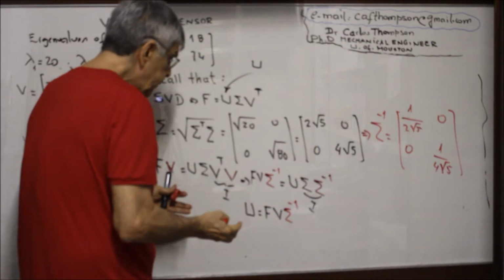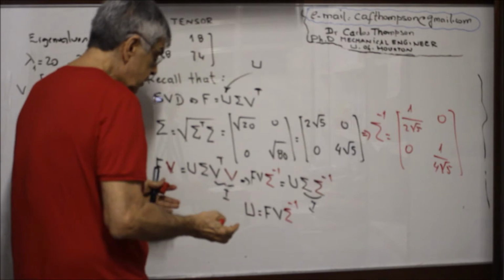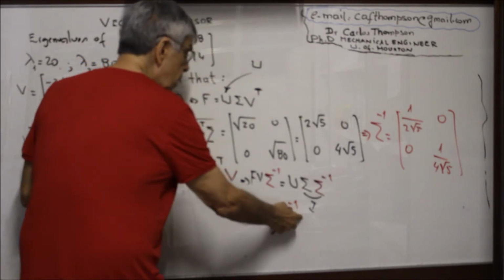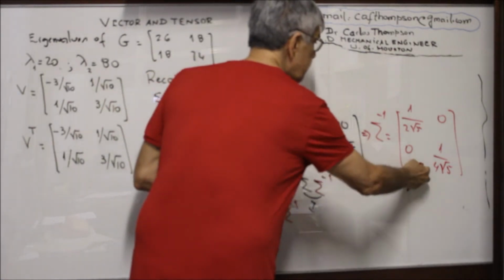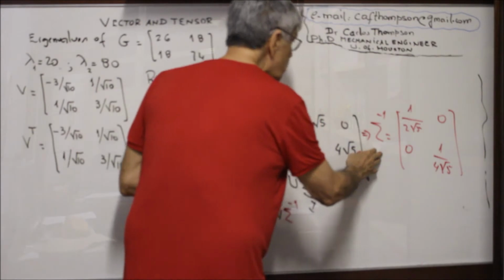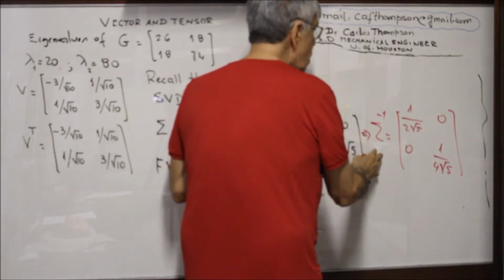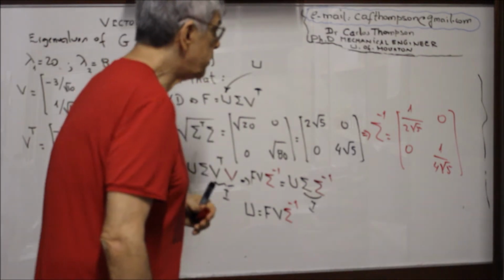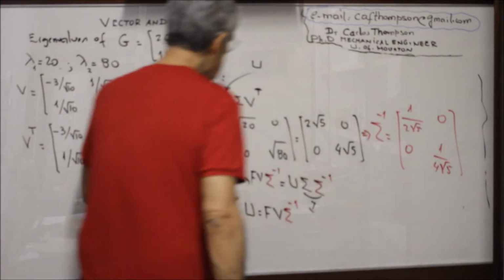Now what we need to do is to find this product, F times V, and multiply by the inverse of sigma. For a diagonal matrix, you just calculate the inverse of the elements of the main diagonal. That's quite easy.